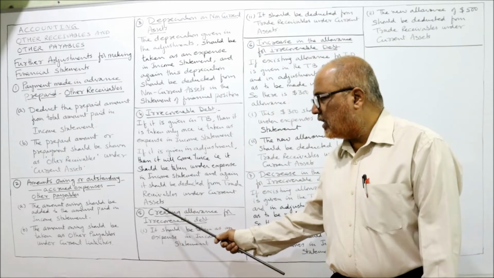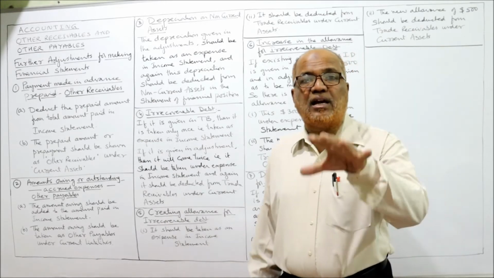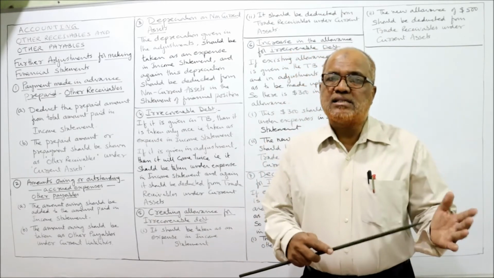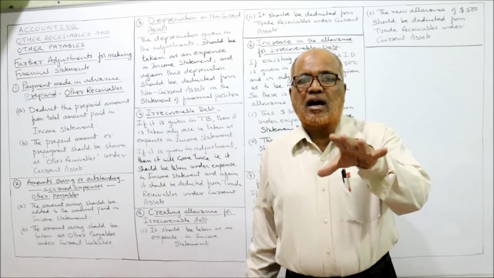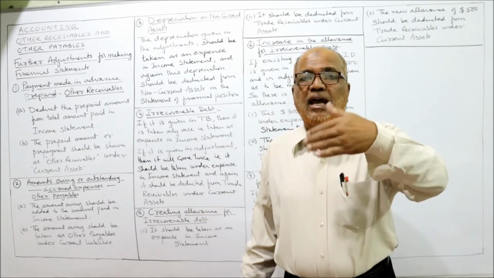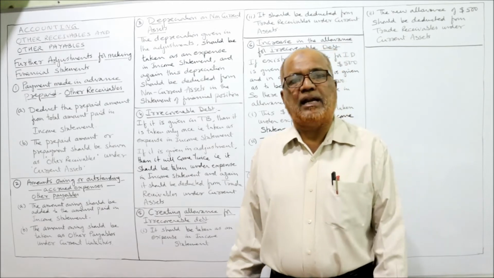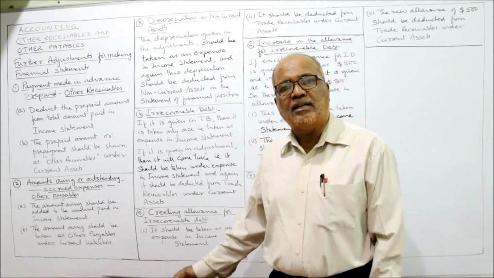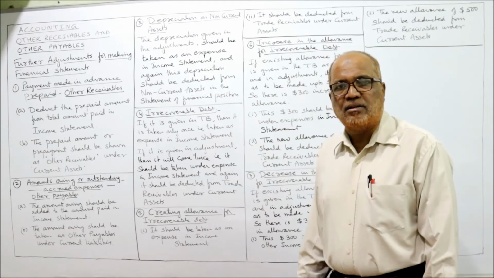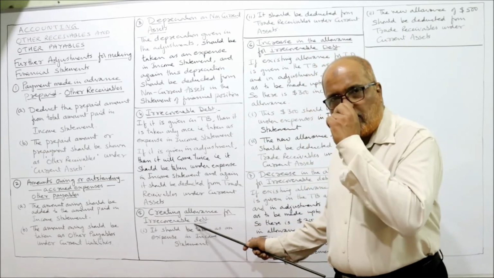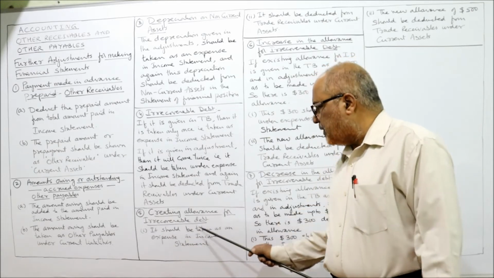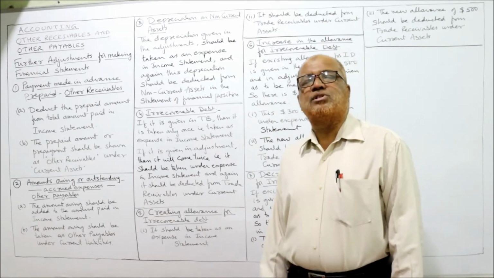If allowance for irrecoverable debt is to be created the first time, last year there was no allowance for irrecoverable debt. Current year only we are creating allowance for irrecoverable debt, first time. In that case, what is the adjustment? Creating allowance for irrecoverable debt the first time should be taken as expense in the income statement.